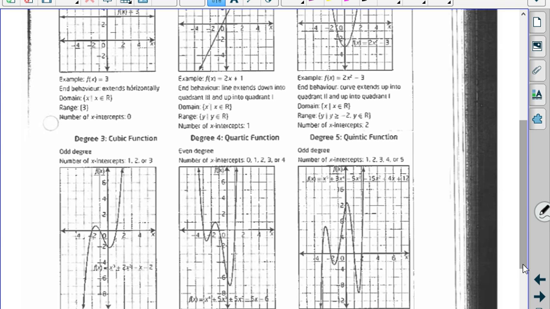Starts in 3, ends in 1. Same thing if I say a third degree function with a positive leading coefficient: starts down there, ends up there. A fourth degree function with a negative leading coefficient starts down in third, ends down in 4.